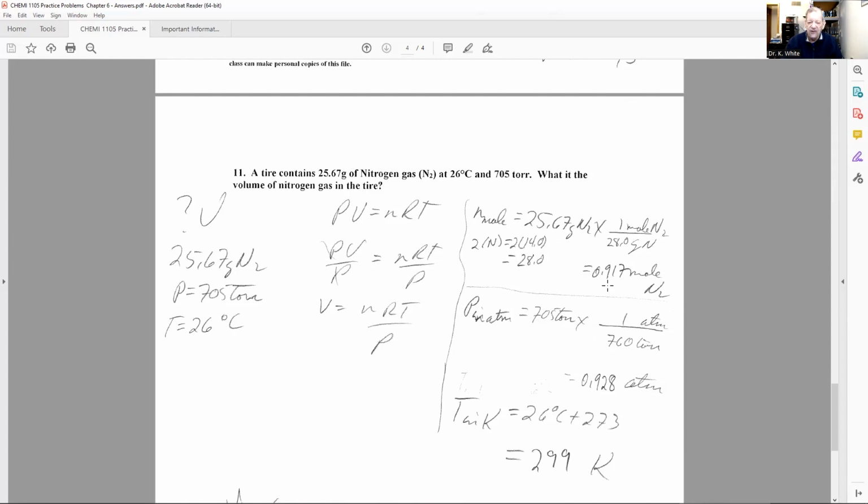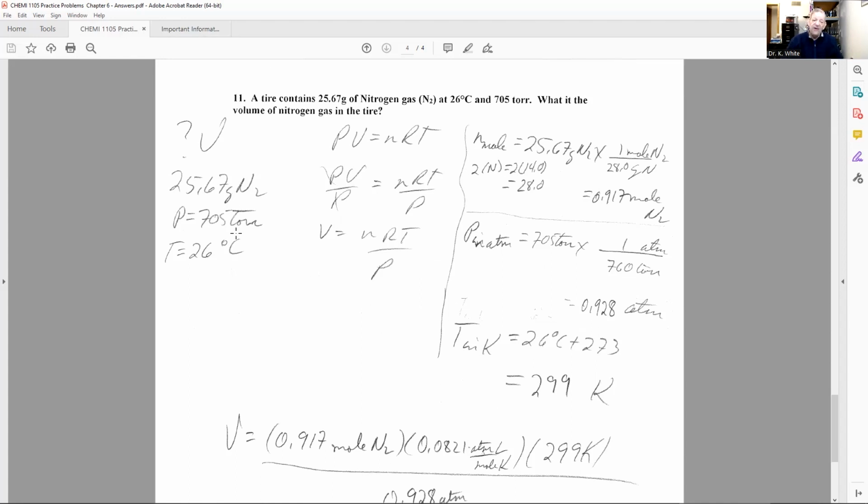All right, so that's how many moles. We need the pressure. Pressure should be in atmospheres. Oh no, we're given torr pressure. So I want to convert to atmospheres. I start here and use my good friend, unit analysis, to decide what goes in that ratio. Atmosphere goes on top, torr goes underneath.